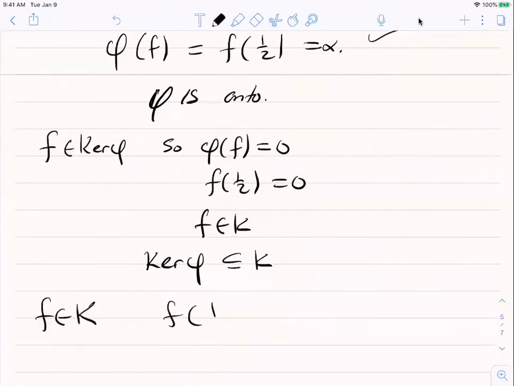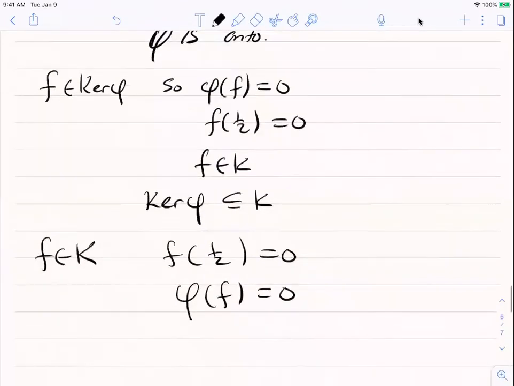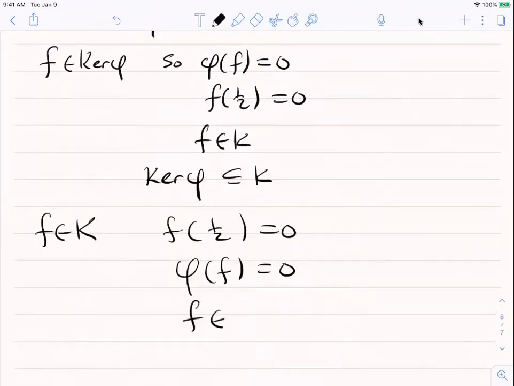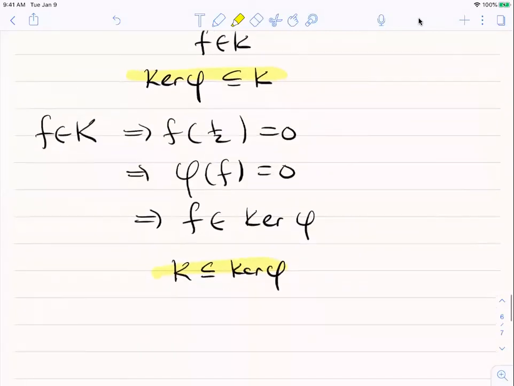Well, that means that f of 1/2 is 0. That means that phi of f is 0. That means that f is in the kernel. So K is a subset of the kernel, and the kernel is a subset of K, so we know that the kernel is equal to K.